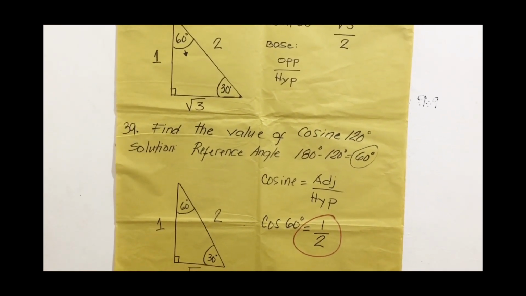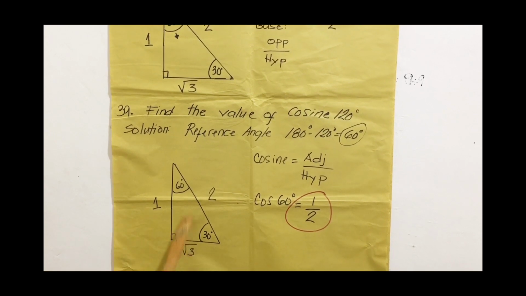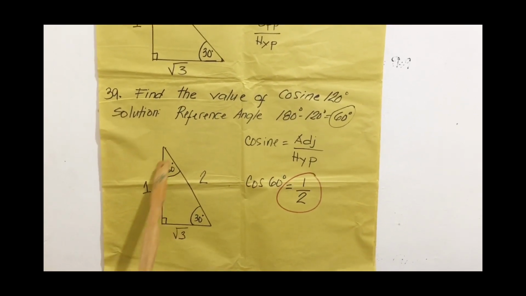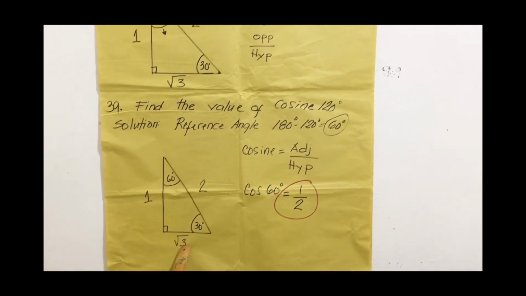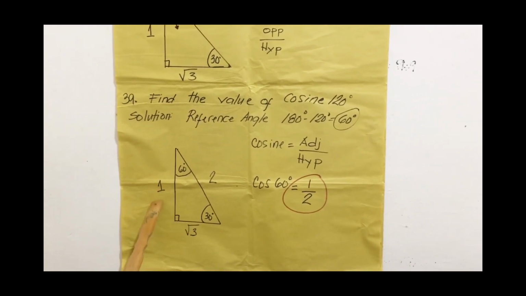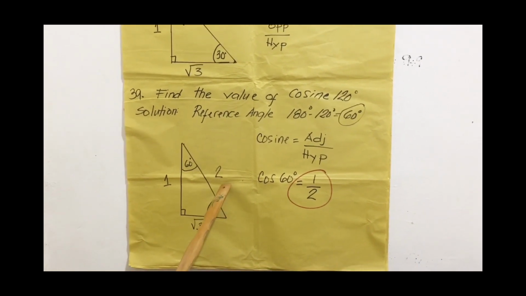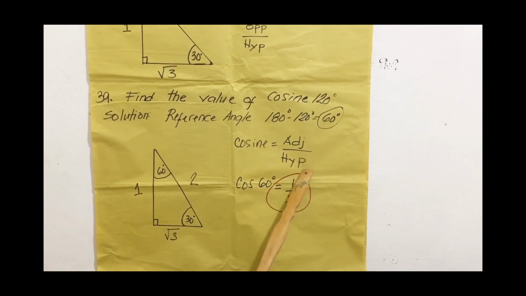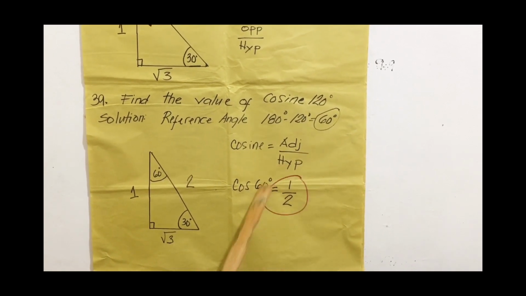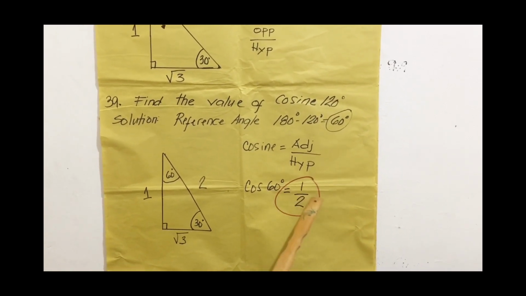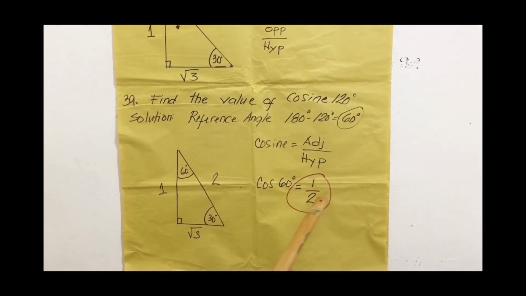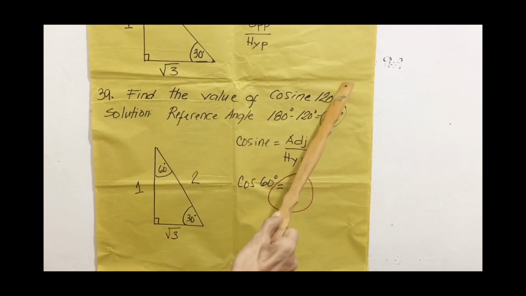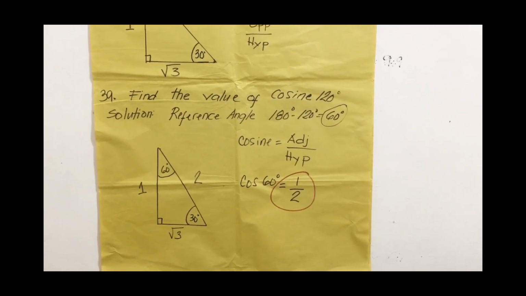So this will be the opposite of the 60 degrees. Since for cosine our formula is adjacent over hypotenuse, if this is the opposite, the adjacent is 1 and the hypotenuse is 2. So our cosine 60 degrees is 1/2, which is equivalent to cosine 120 degrees.